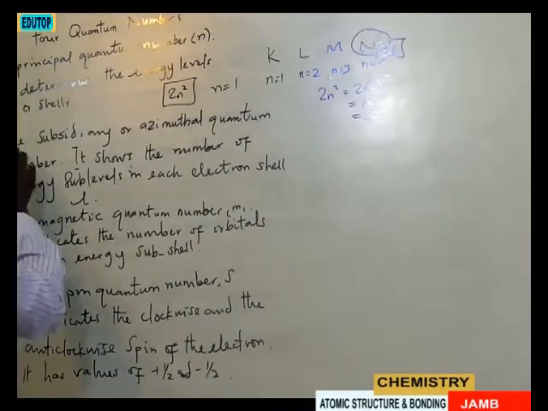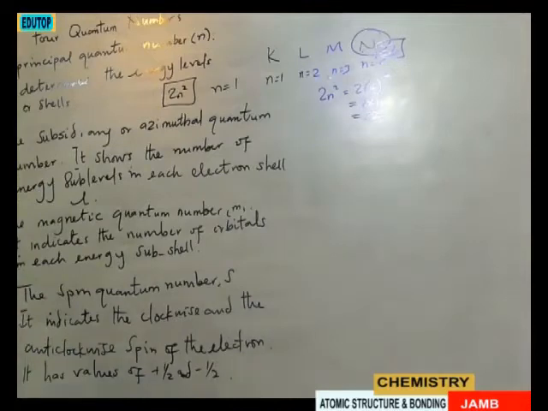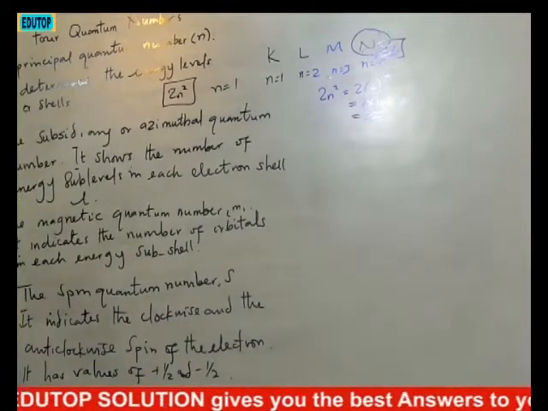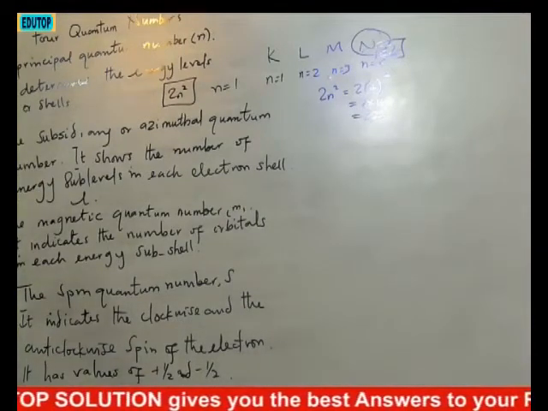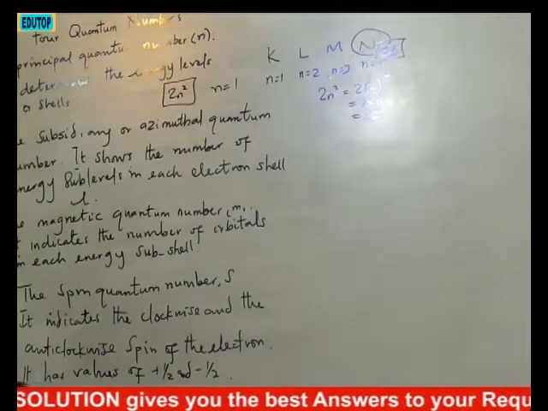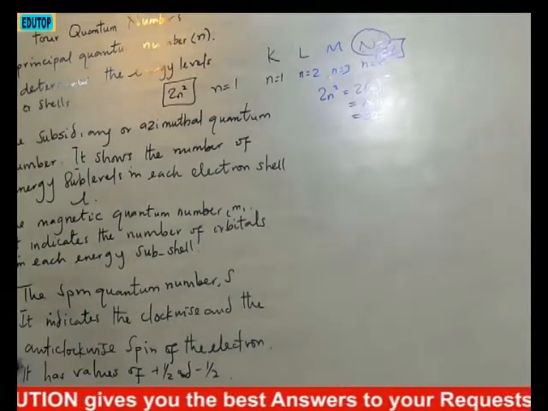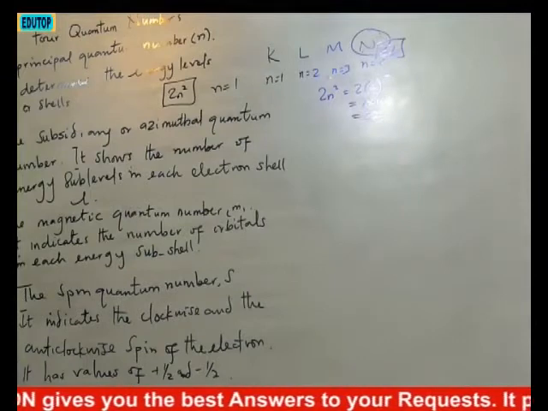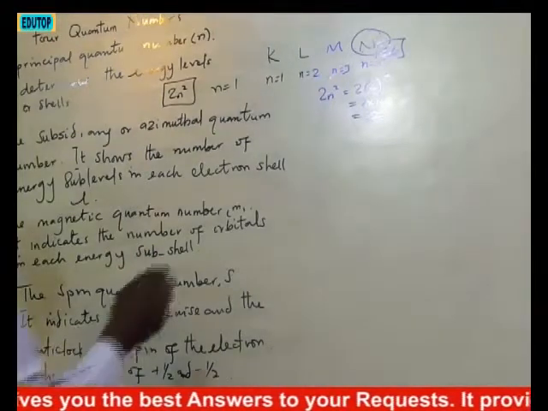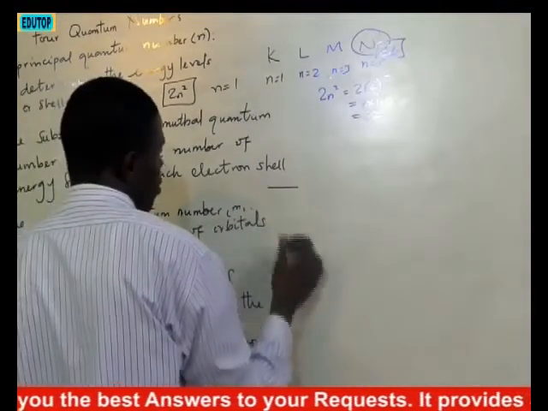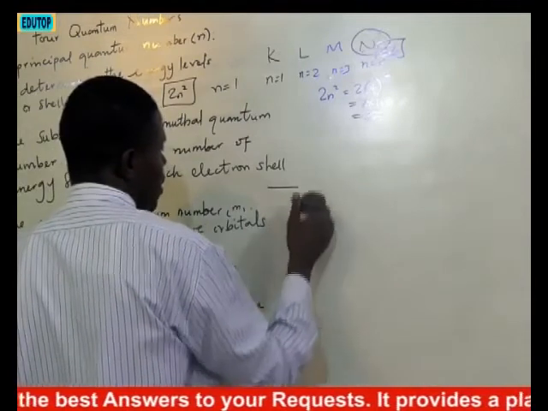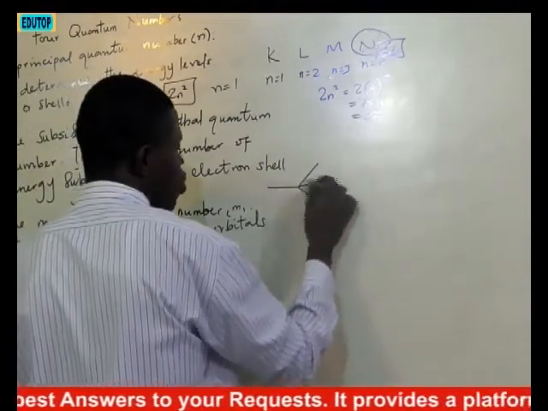Now, the subsidiary or the azimuthal quantum number shows the number of energy sublevels in each electron shell. So if you are picking one electron shell like this, how many energy sublevels do we have?